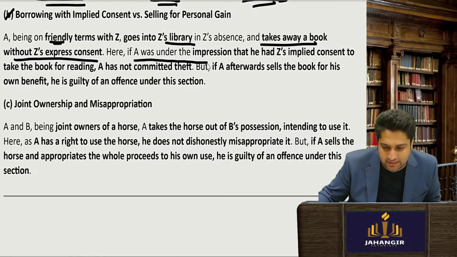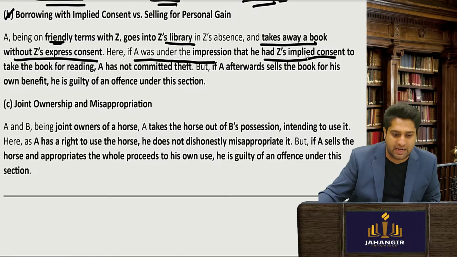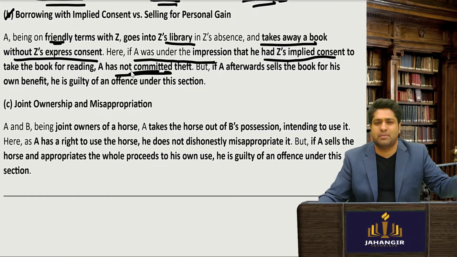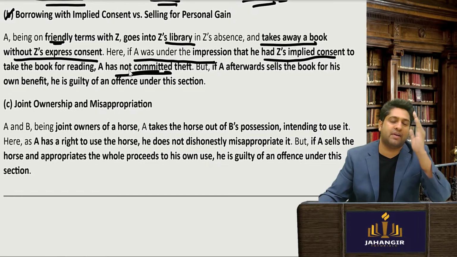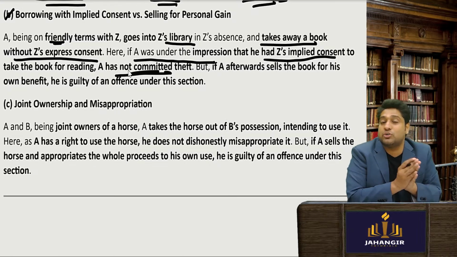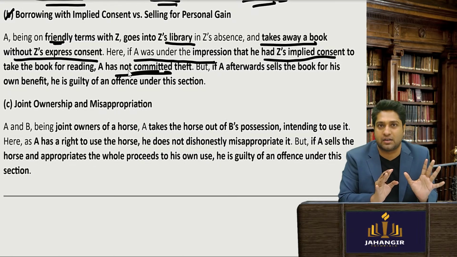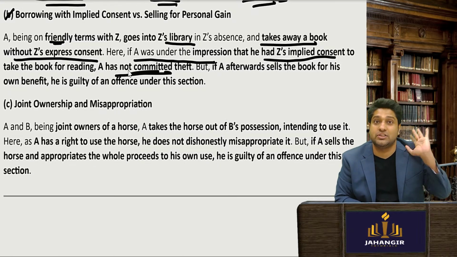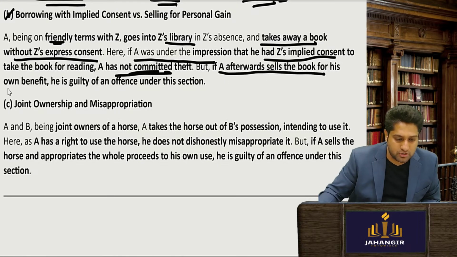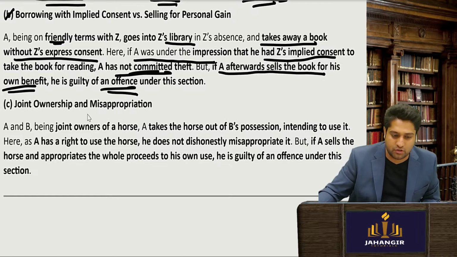If he had the intention that he had given implied consent, then he has not committed theft. If I knew that my friend is there, he would have said that whenever you want anything you take. So I assumed, but I know that he has not given me consent. So that is dishonest. So if afterwards he sells the book for his own benefit, he is guilty of the offense.